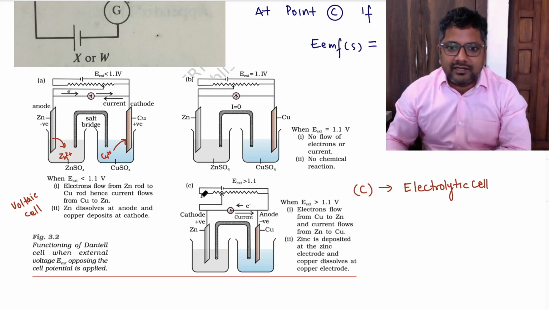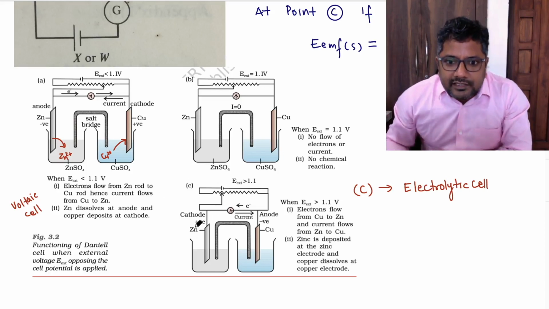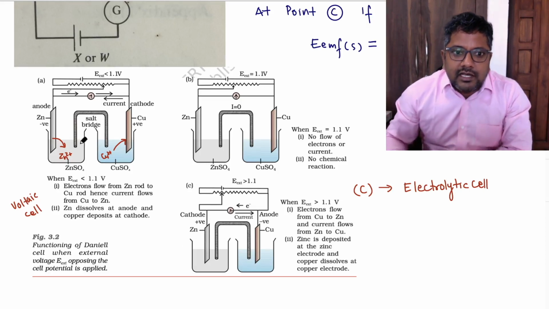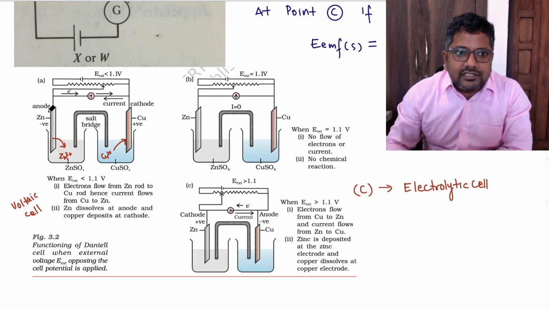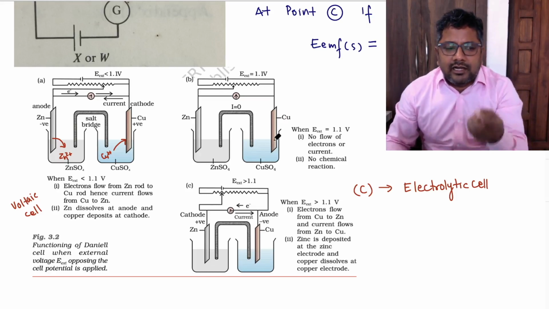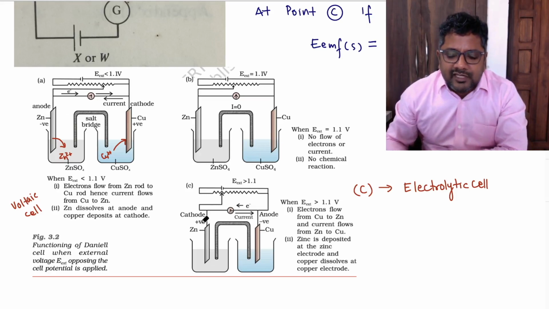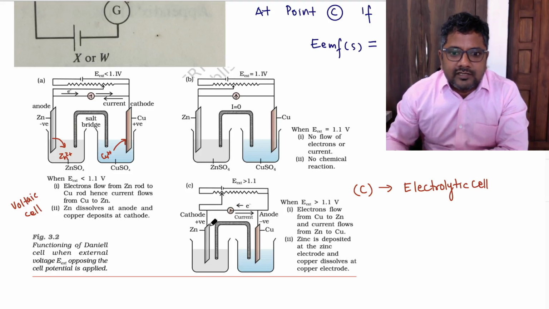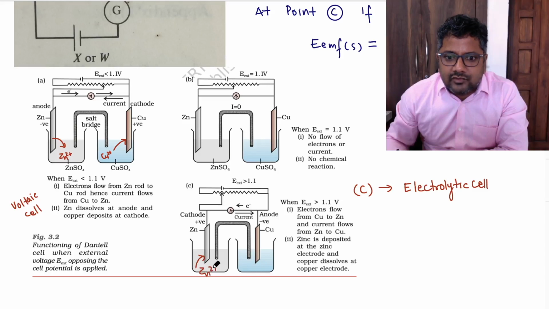Now what will happen? See very carefully. Zinc now becomes positive. Now this is the cathode. In the voltaic cell this was the anode. So now see, the polarity of the cell is changed. Now electrons are moving from here to here, and in this situation zinc will deposit, because you will get a numerical question on this also.